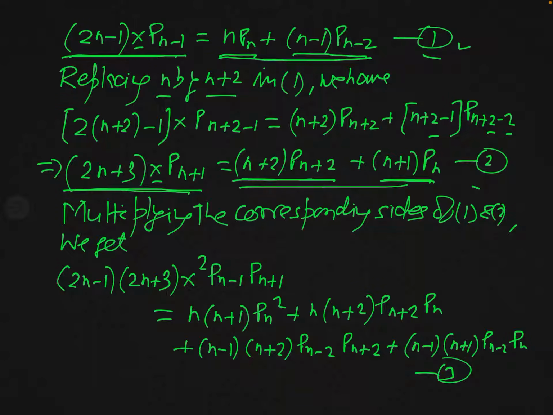So this is the result obtained after multiplying the corresponding sides of equation 1 and equation 2. Now we will simply integrate this result with respect to x between the limits minus 1 and plus 1. So you can see what will be our result.